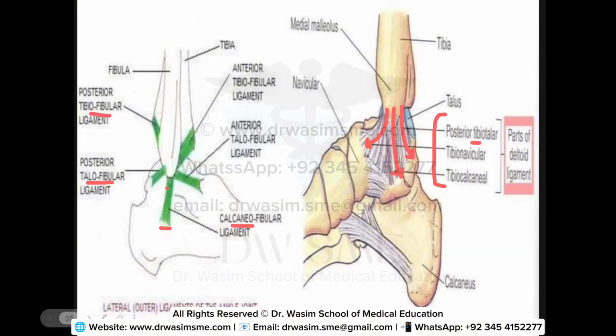So if you can understand this from the diagram, it will be very easy for you to later on remember. And in this area, we just have to add anterior and posterior for the tibiofibular, and also for talofibular as well, we have to add just anterior and posterior. So remember that tibiofibular, you have to focus on this word. You have to focus on talofibular, and then you have to focus on the calcaneofibular word. Rest is just adding anterior and posterior, so that will not be a problem for you.